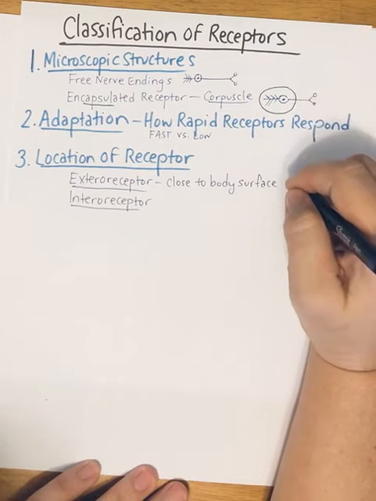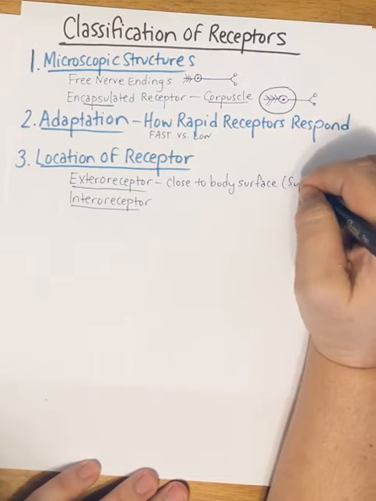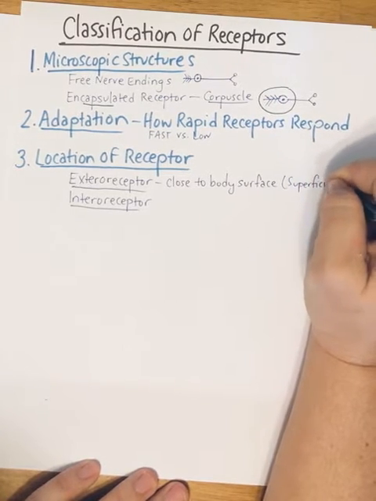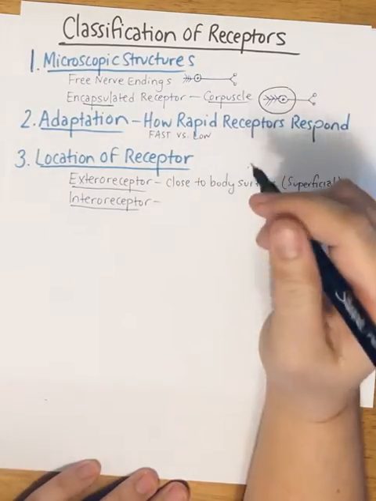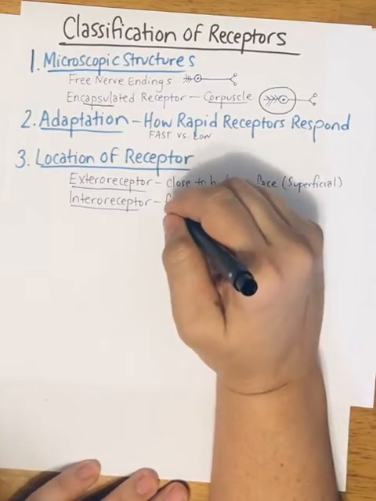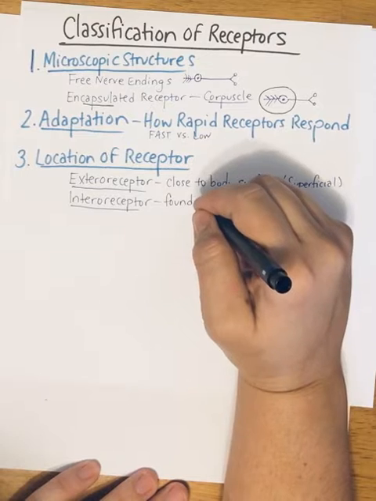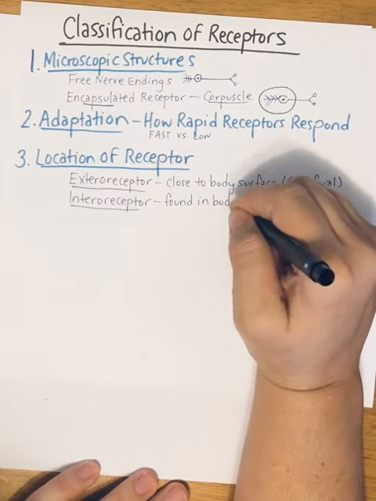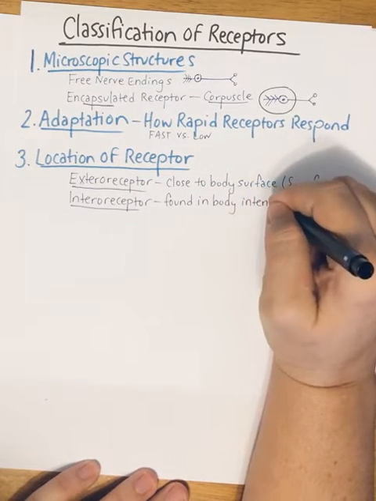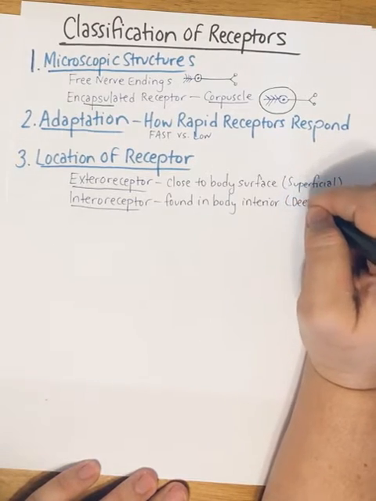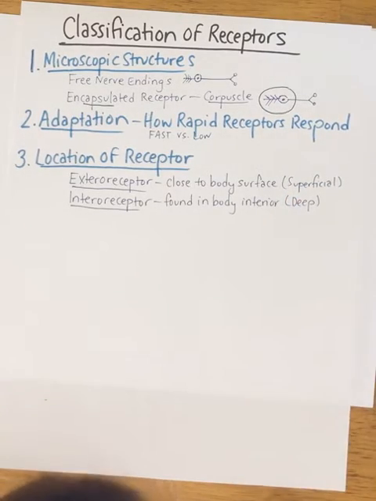External is close to the body surface, so we could also say superficial. Entero is found in the body interior, so these are going to be deep. That's the location.